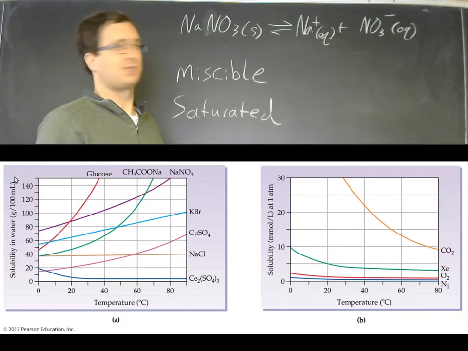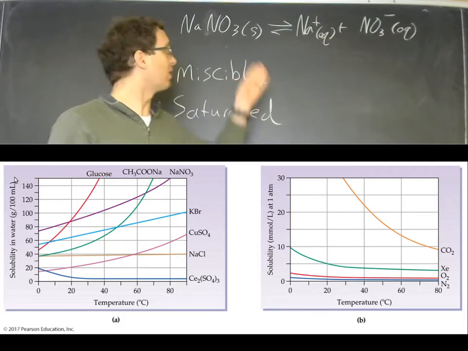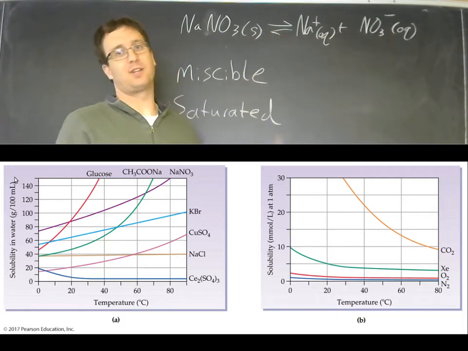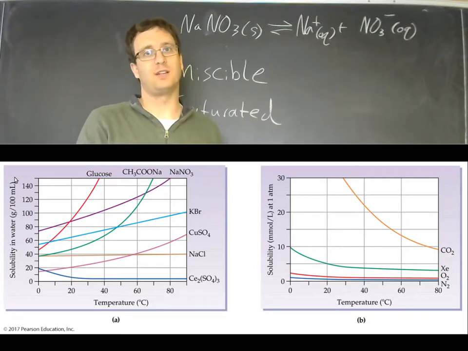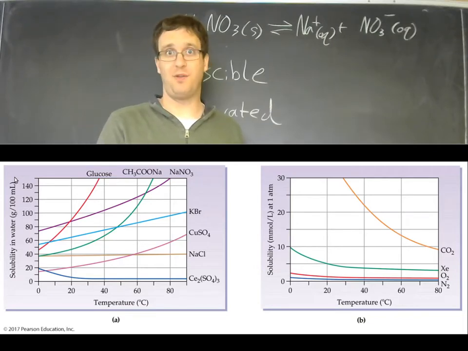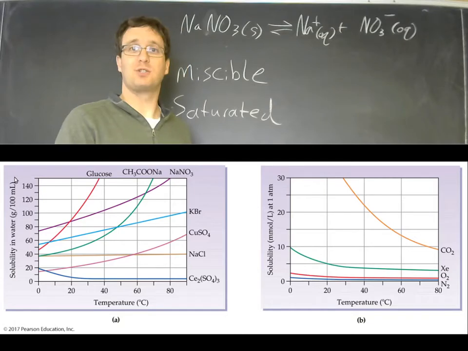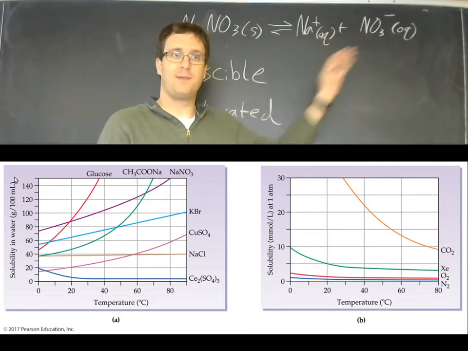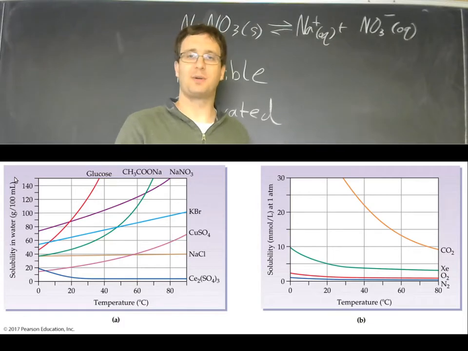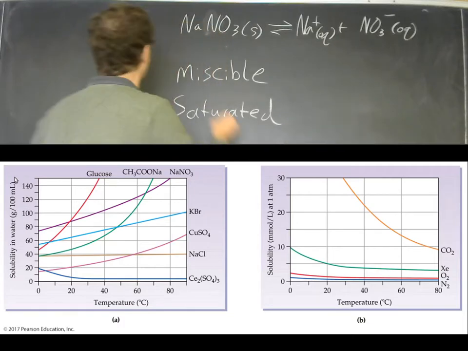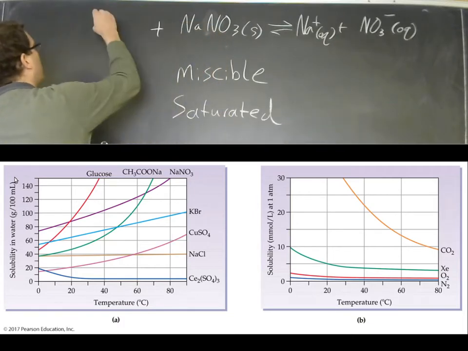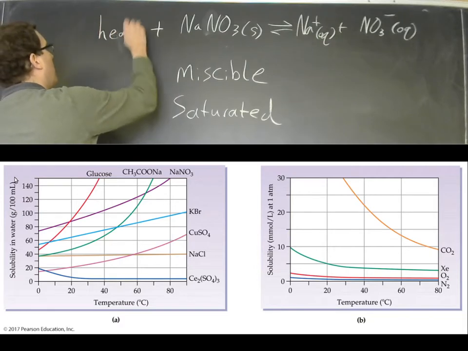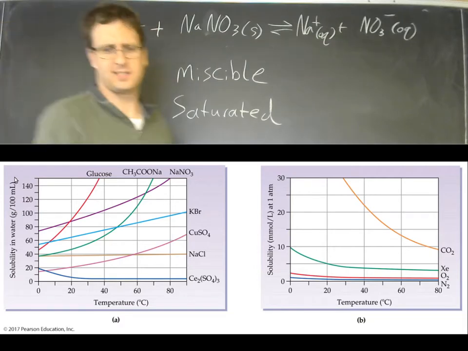Well, solvation reactions are equilibrium reactions, and so we can explain this trend in terms of Le Chatelier's principle. If I increase the temperature and the reaction shifts more toward products, then what does that tell us about the enthalpy of reaction? That tells us that it is endothermic, and we can put heat on that side right there.